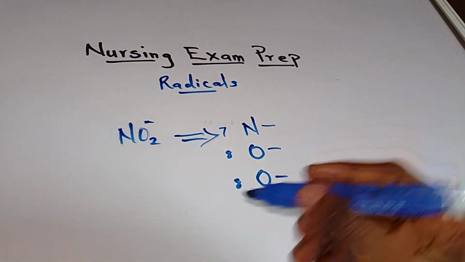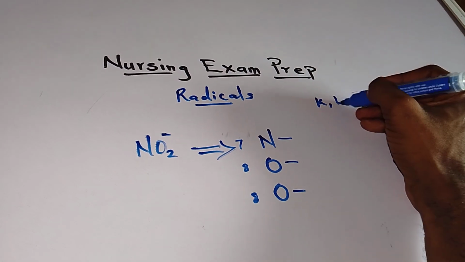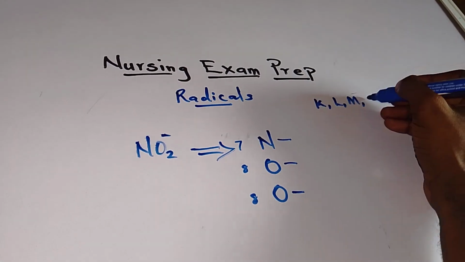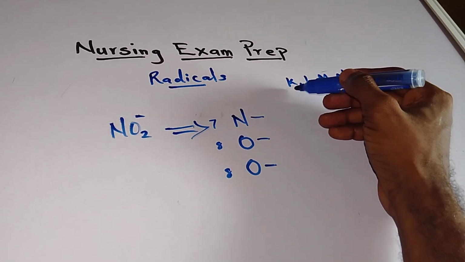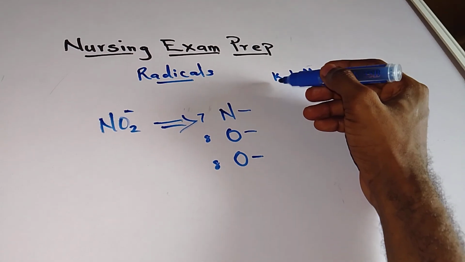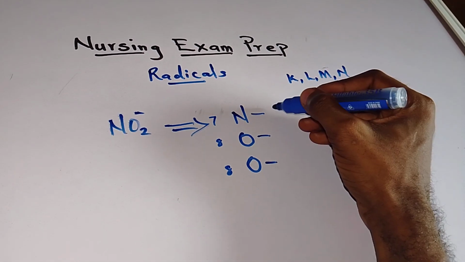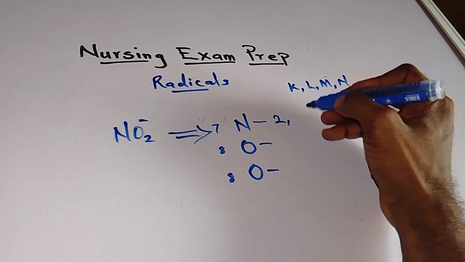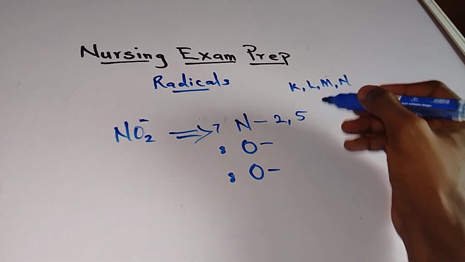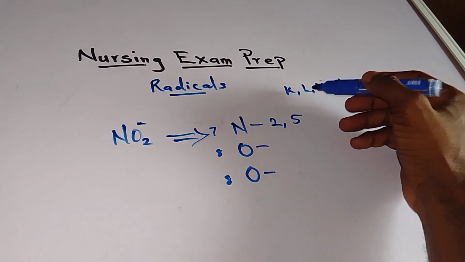Now you configure these elements by using the shell notation. The K shell usually occupies 2 electrons. So this nitrogen will be 2, then if you take away 2 from 7, you have 5. The 2 goes to the K shell and the 5 goes to the L shell.